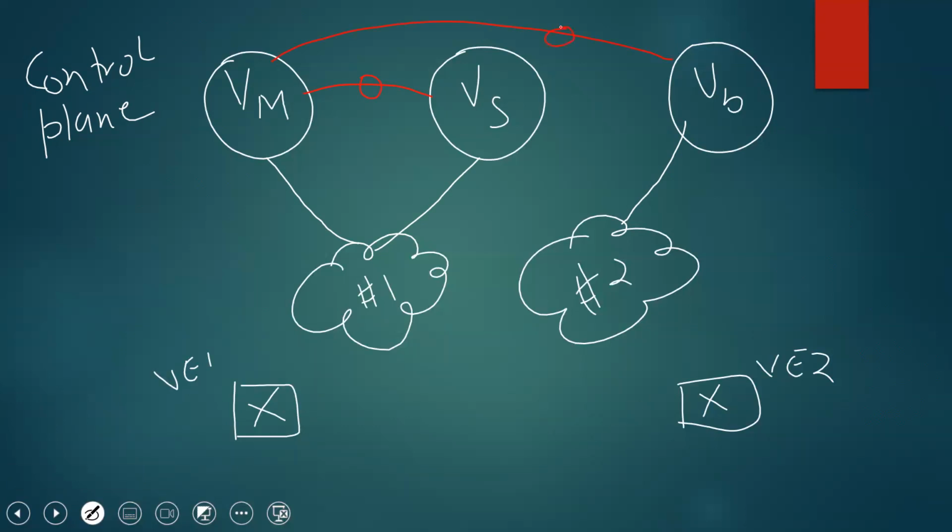But the control plane tunnels that they are forming may be DTLS tunnel or TLS. Transport Layer Security or Datagram Transport Layer Security: this is TCP based SSL, and this is UDP based SSL, right?